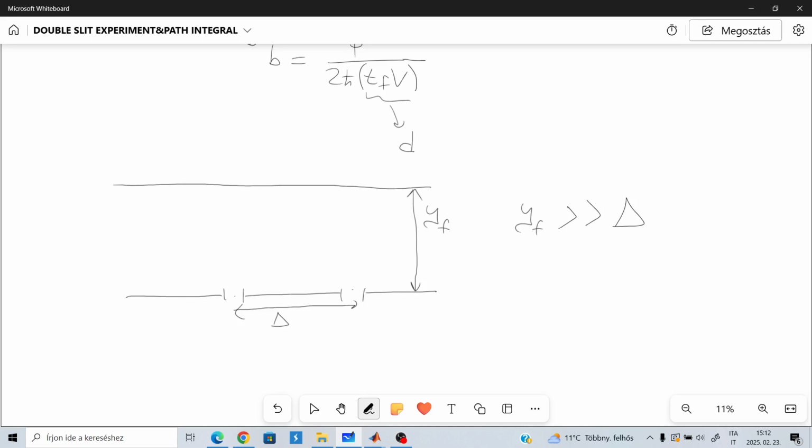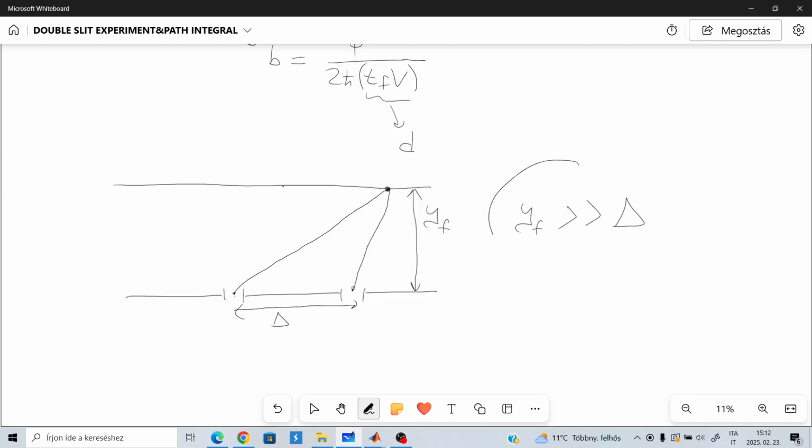This simply means that, for example, if we consider this to be the point on the screen where we have the possibility that we travel from here to reach the point, or we travel from this slit to reach the point.